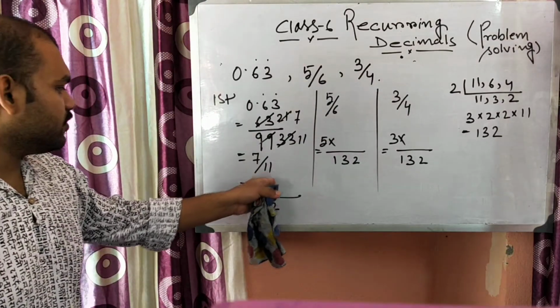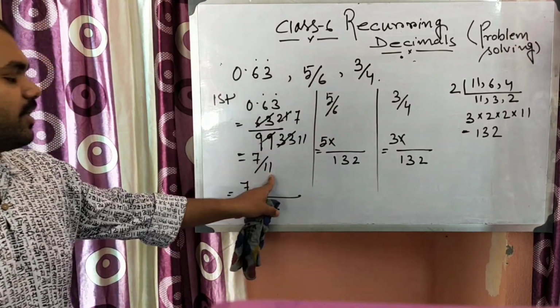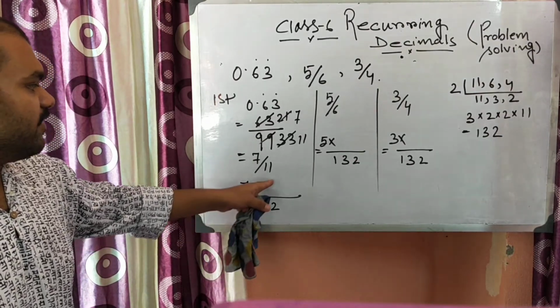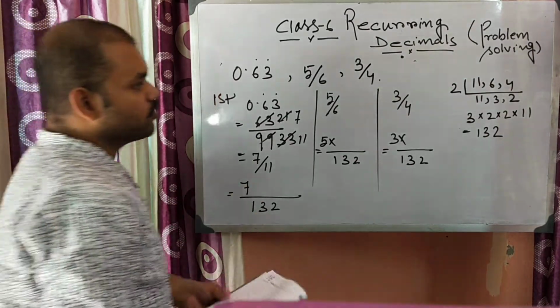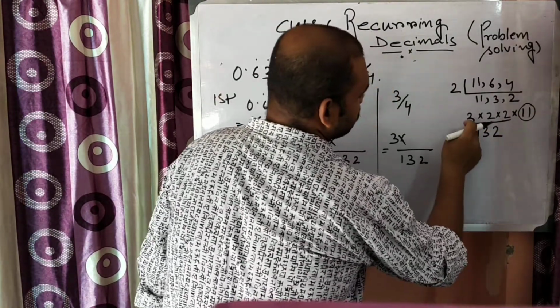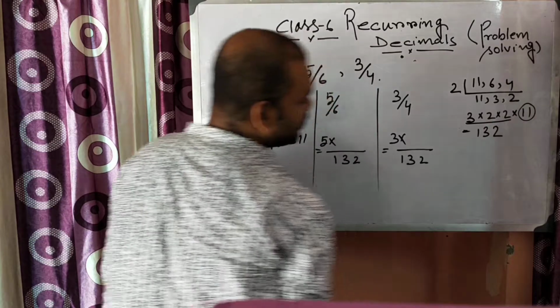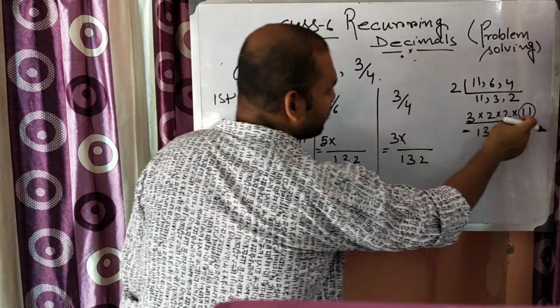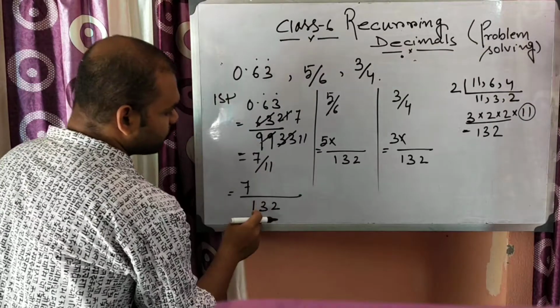Here the denominator is 11, and 11 into something is 132. So 11 into 12 is 132.